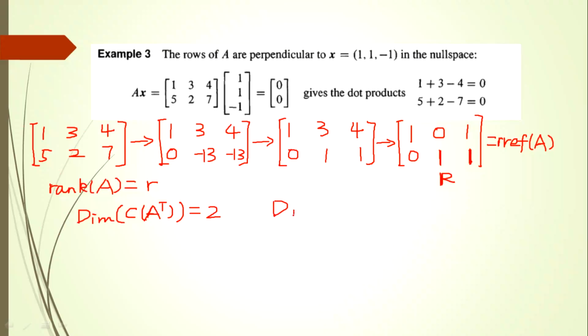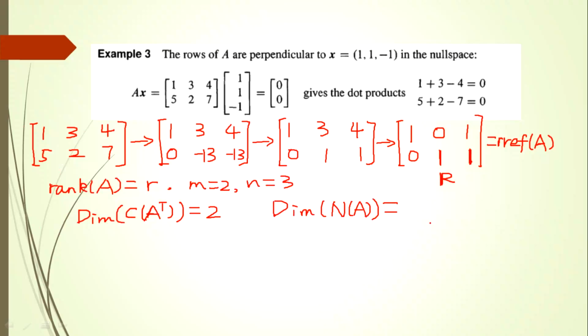What is the dimension of the null space? That will be n minus r. What is n? This is 2 by 3, 2 rows, 3 columns, so n equals 3.